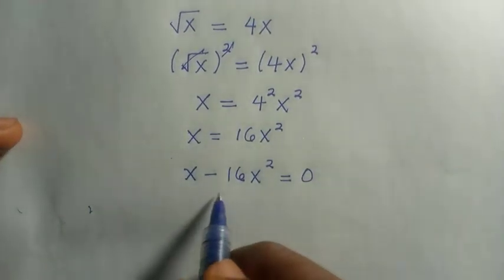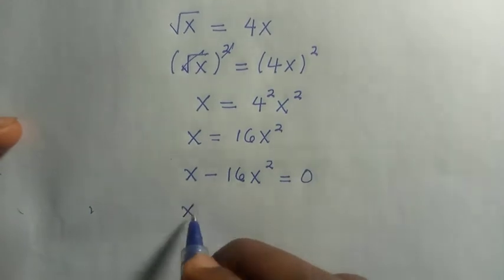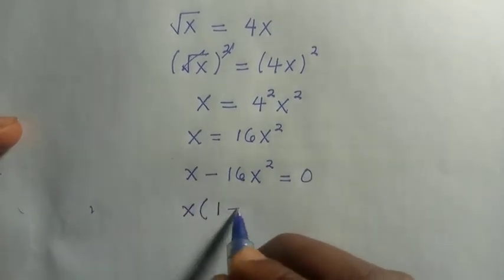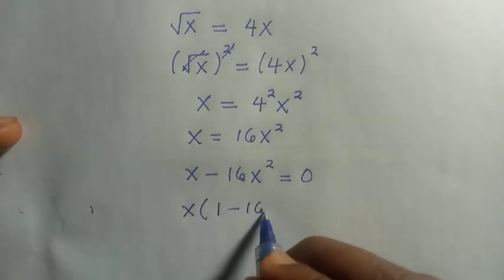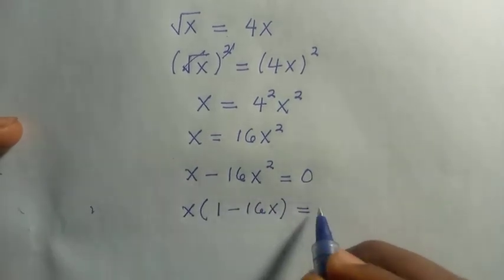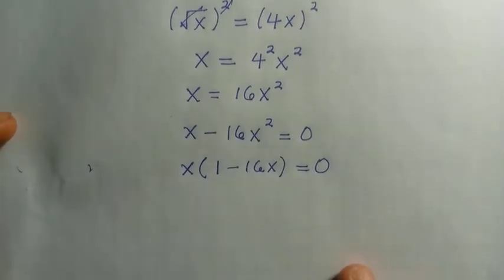From here, x is common, so by taking out x, here remains 1 minus 16x, and everything equals 0.